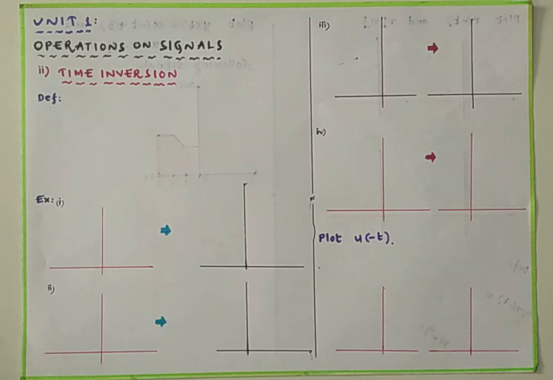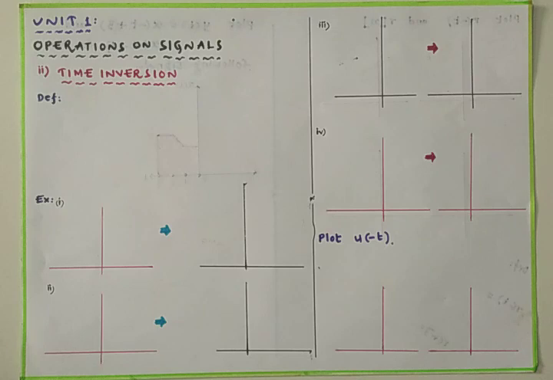We are simply changing the position of the signal from one place to another, either to the left side or the right side of the original signal. That is the only thing we can do with the time shifting operation.